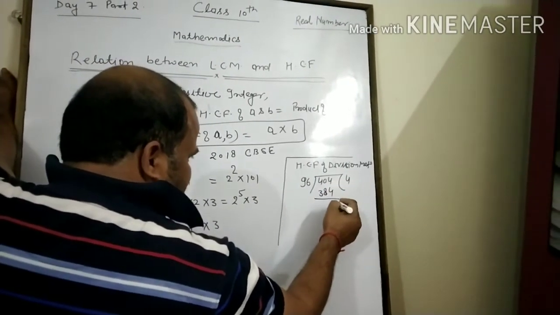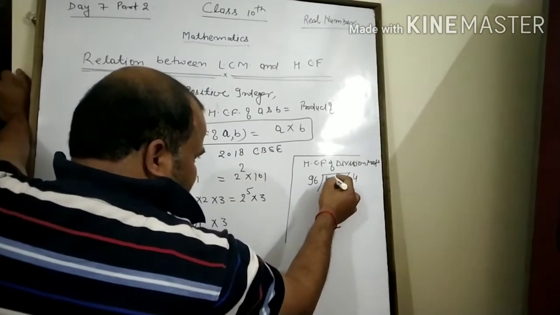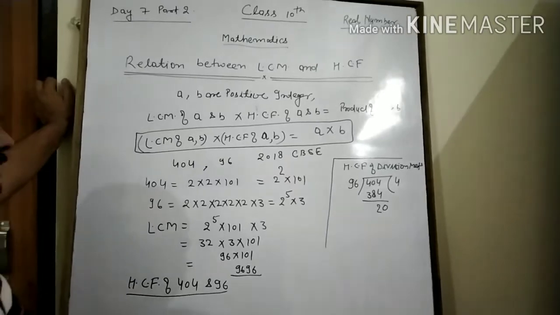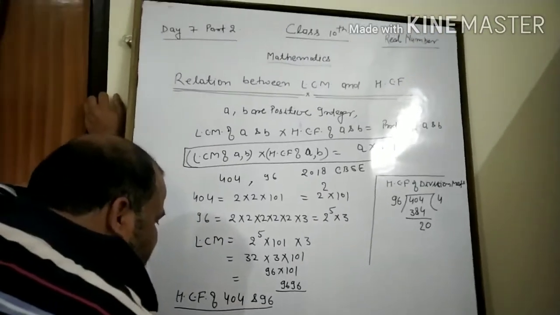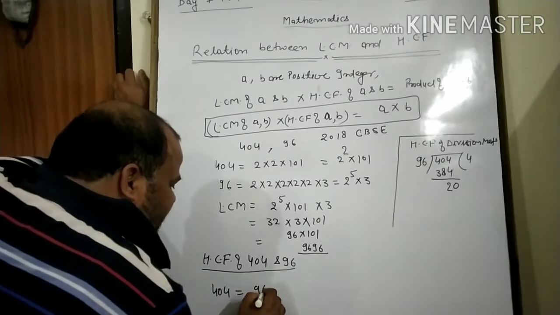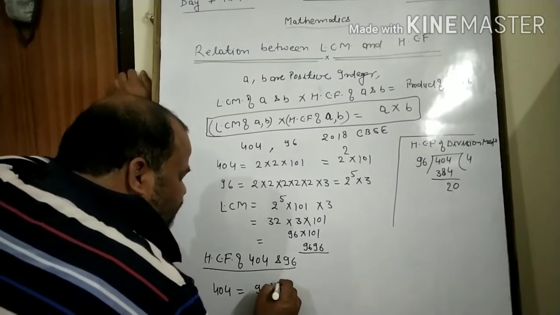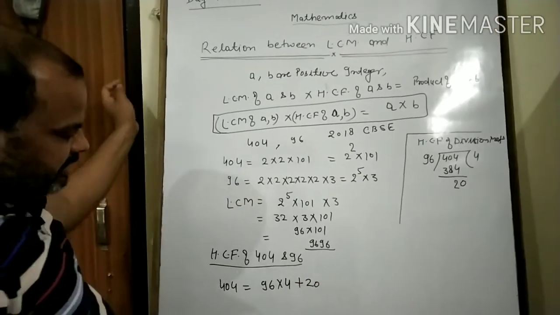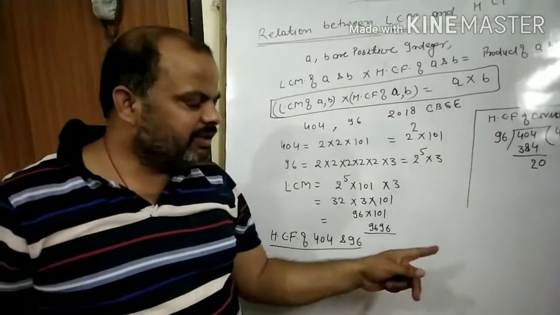Then there is 20 as remainder. Clear? Then 404 is written as 96 into 4 plus 20. In this step you see the remainder is 20.